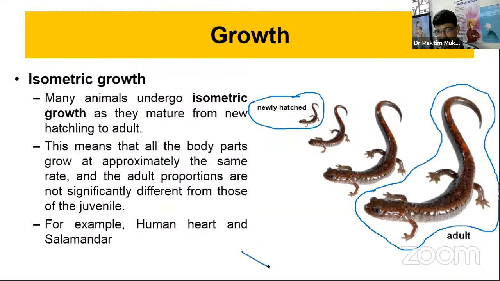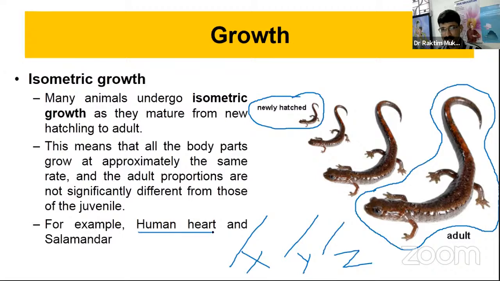Say, for example, for organ X the growth curve is similar, for organ Y the growth curve is similar, likewise for Z, and so on and so forth. Some of the examples are the human heart. If you see the child's heart, then middle age, adult, you can see that there is a symmetry in the way the heart grows.